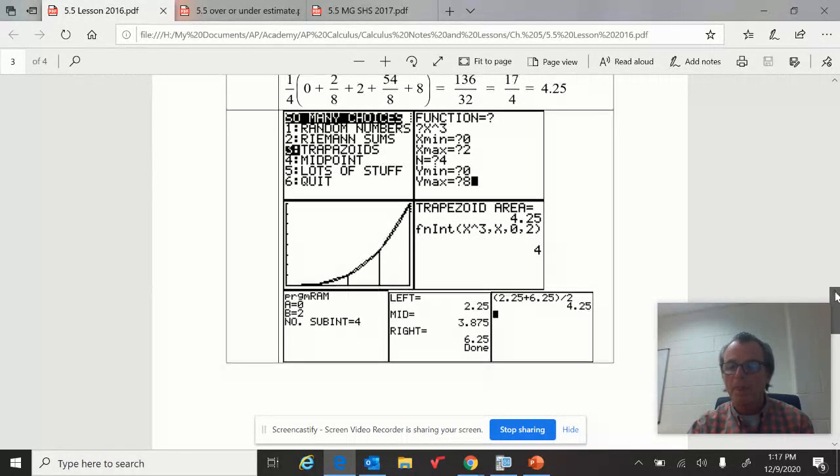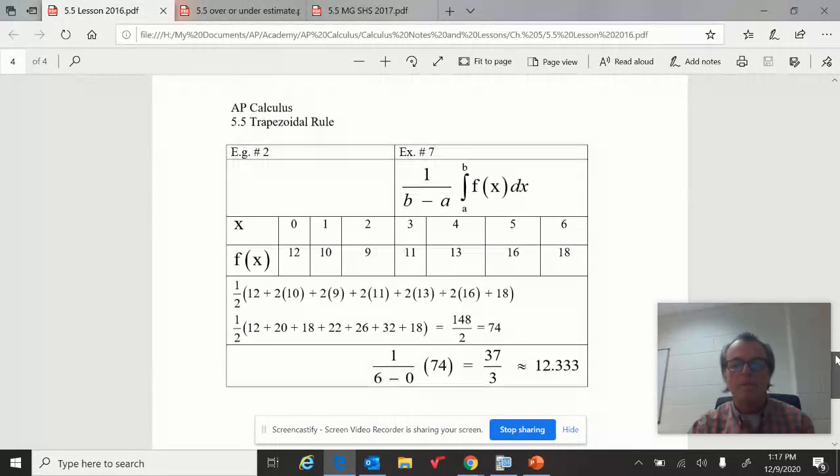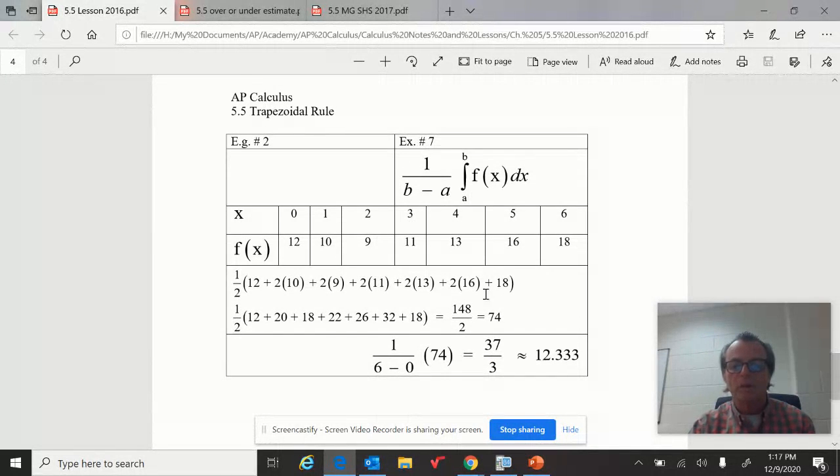So here's 7. Right? We're going to do this like example 2 in the book. So these are your dependent values. The 12 gets counted once, the 18 gets counted once, and all the interior heights get counted twice because they're shared by 2 trapezoids. In this case, your delta x is 1. So you have 1 in the numerator.